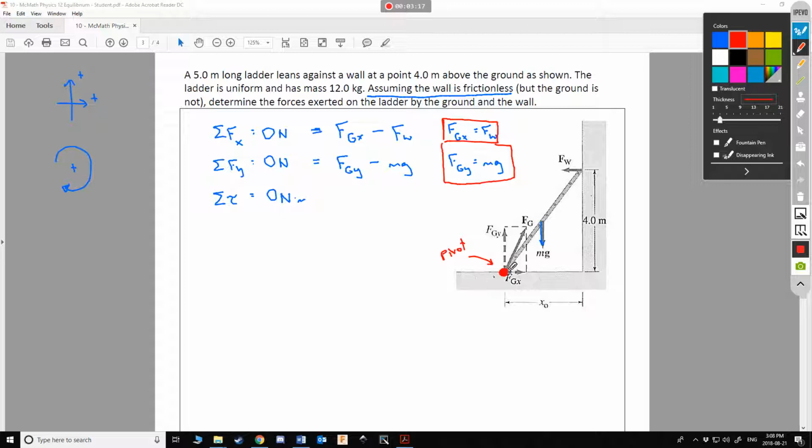This is a good one because there's Fgx and Fgy there, so I only need to worry about Mg and Fw. We can ignore those forces because torque is equal to force times distance. In this case, Fg is a distance of 0 meters from the pivot, and anything multiplied by 0 is just 0. So they can be ignored.